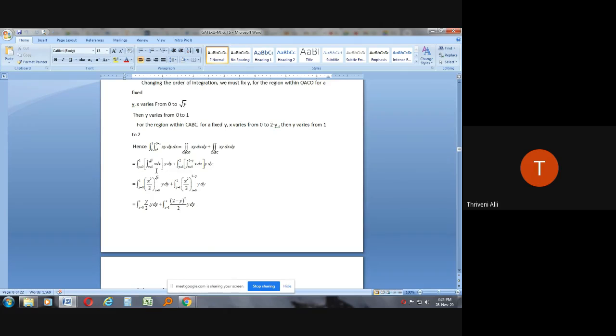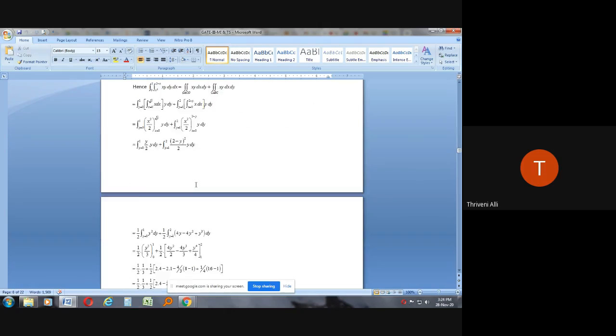Here x is a variable limit, y is a constant limit. In the second, x is also varying from 0 to 2 minus y. x is a variable limit and y is a constant limit. So here also, in evaluation of a double integral, we have to integrate with respect to the variable limit first and then the constant limit.